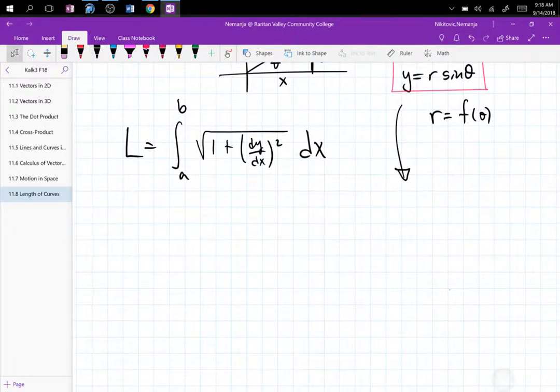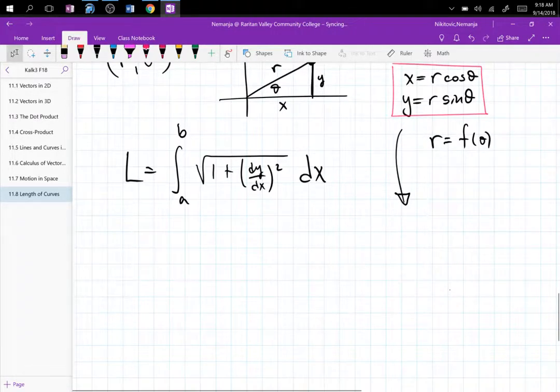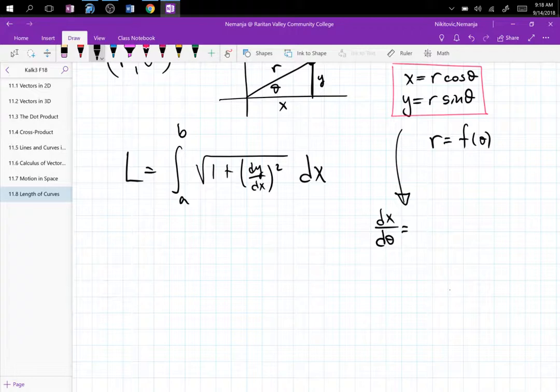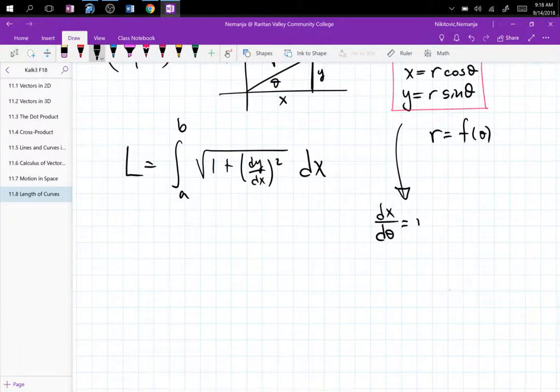We have to say that your dx d theta is going to be, and now you have the entire product rule to worry about. r is a function. So copy r, derivative of cosine is negative sine theta, plus copy the second, which is cosine theta, times r prime.